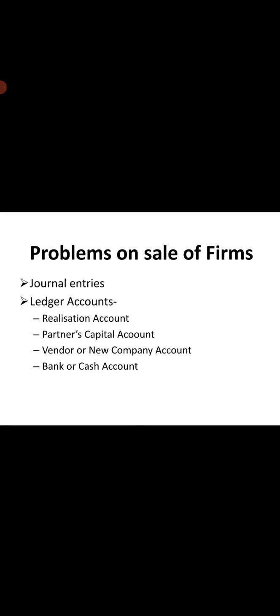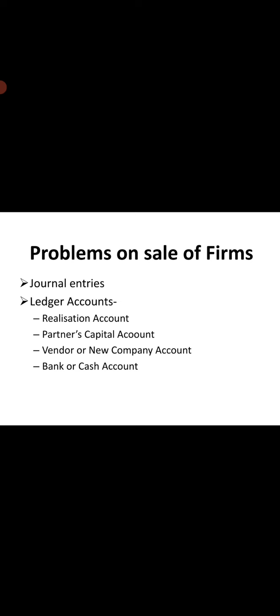For receiving the shares, the entry is shares in purchasing company account on the debit side to purchasing company account 47,900. On the credit side, for sale of shares, the amount is 95% of 47,900 by cash or bank account, that is 45,505, and by realization account, that is loss on the sale of shares 2,395. Total amount is 47,900.